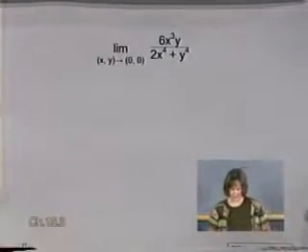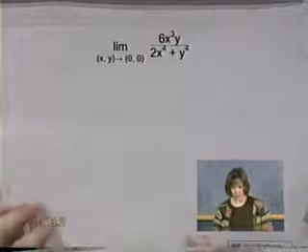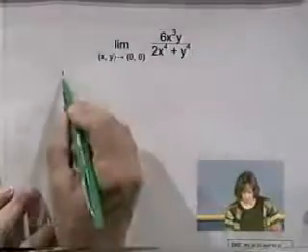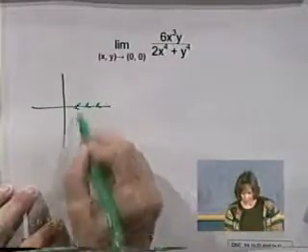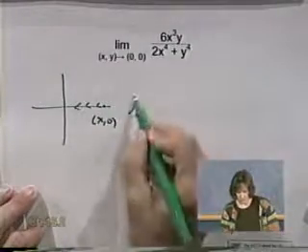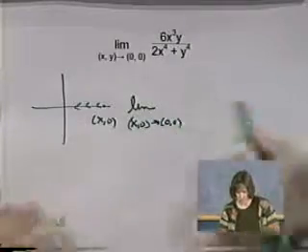How about this one right here? This one has 6x cubed y over 2x to the 4th plus y cubed. All right, now let's just first try the path along the x-axis. And we're going to get the limit as (x, 0) approaches (0, 0).